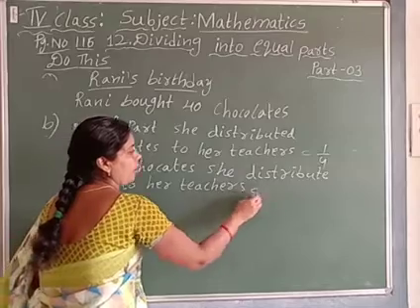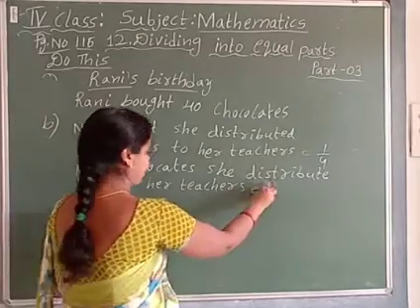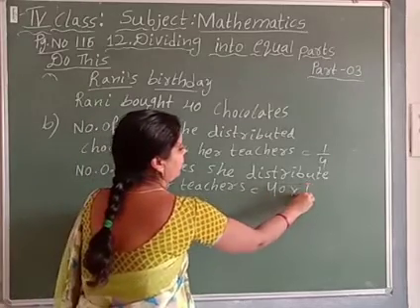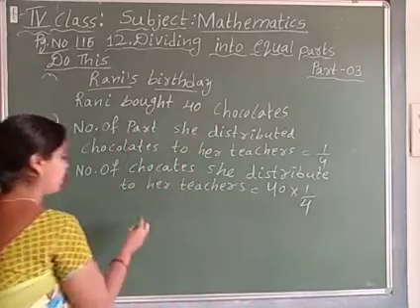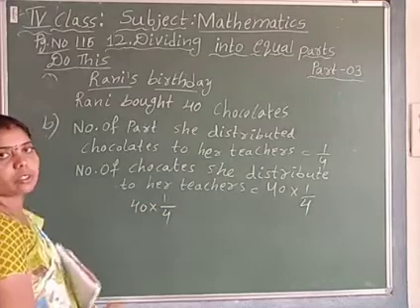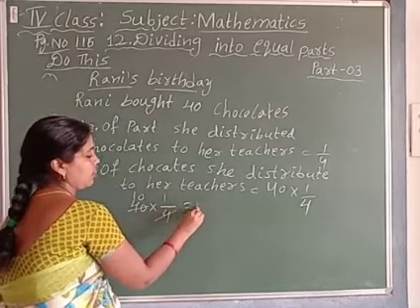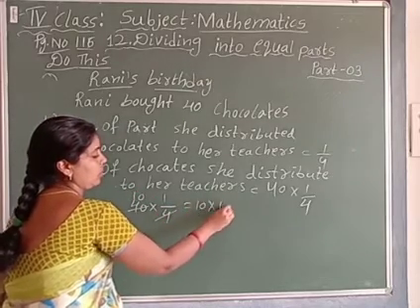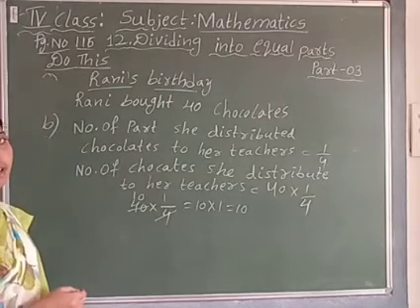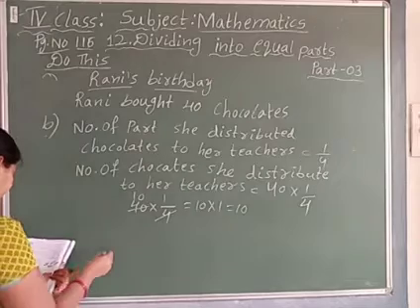So 1/4 into 40 now. So 40 into 1/4. See here, we do 40 into 1/4. So 4 ones are 4, 4 tens are 40. So how many chocolates she will distribute for teachers? 10 chocolates. She will distribute 10 chocolates for teachers.